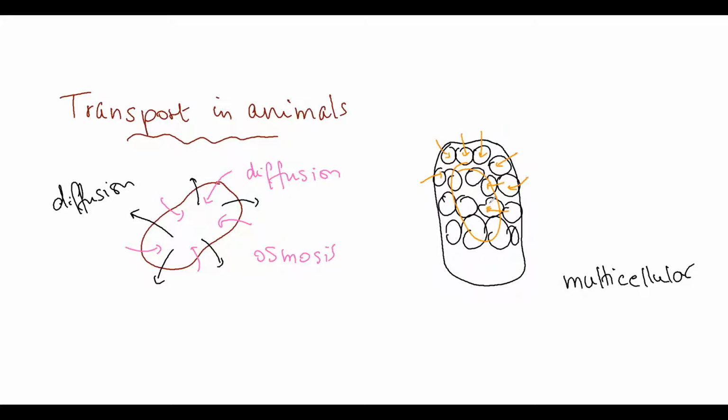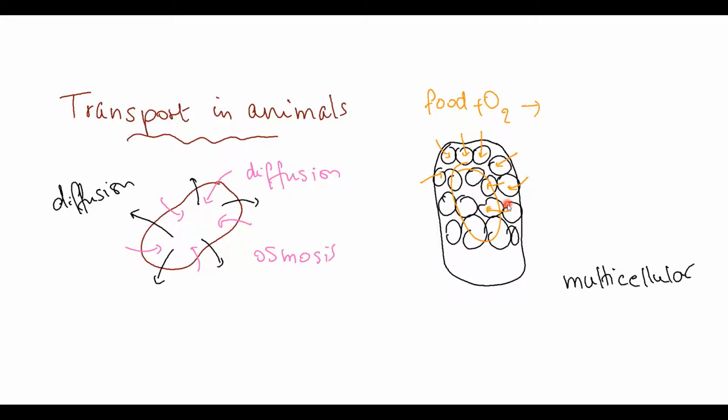And of course, the main materials that are needed by any organism are food and oxygen in order to respire. If these complex multicellular organisms relied on diffusion and osmosis only, the outer cells are going to benefit. But what about the inner cells?